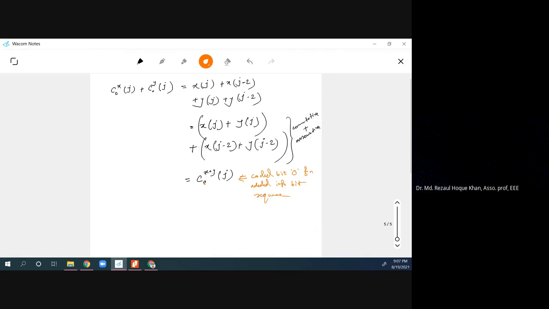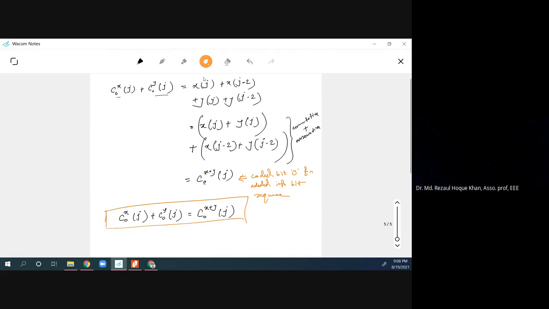Similarly we can write that c0 of xj plus c0 of yj is nothing but c0 of x plus y, which we find from our convolution code.